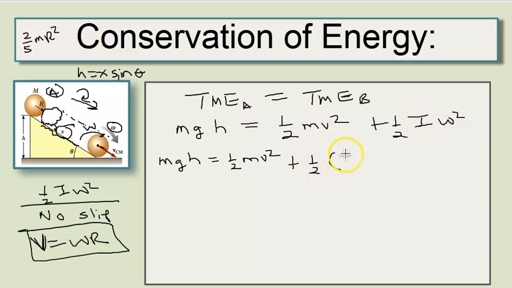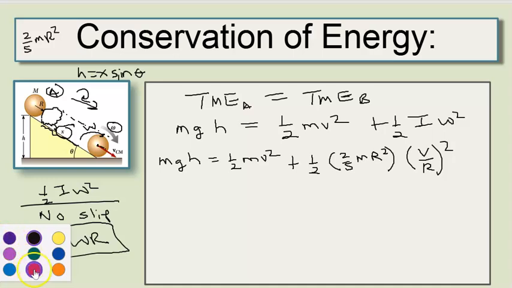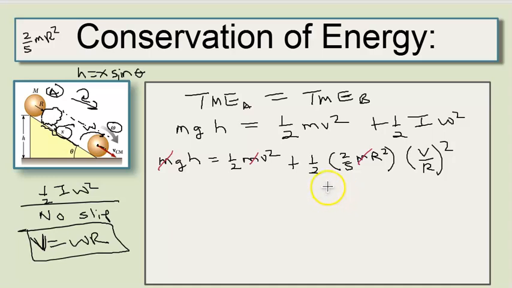So I is 2/5 mr squared, and omega is v over r. Oops, I guess I'm solving for linear speed instead of rotational speed, but once you know linear, you can get omega. You can see that the mass is in every term, but not until you plug in that value for I. And what else happens?